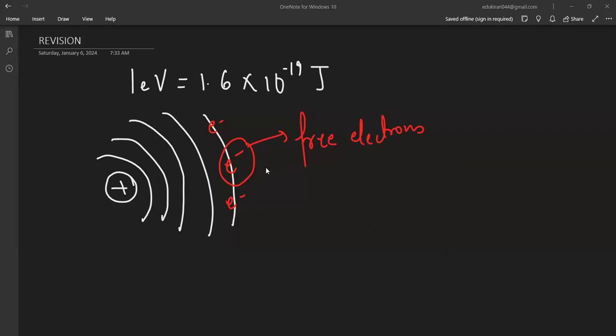Every electron which we are calling a free electron should have a minimum value of frequency, a minimum value of wavelength, a minimum value of energy, and a minimum value of potential. This is the basis of everything that we'll be studying. If it is a free electron, it is loosely bound to the nucleus.